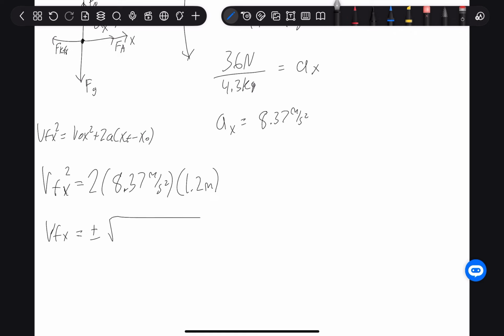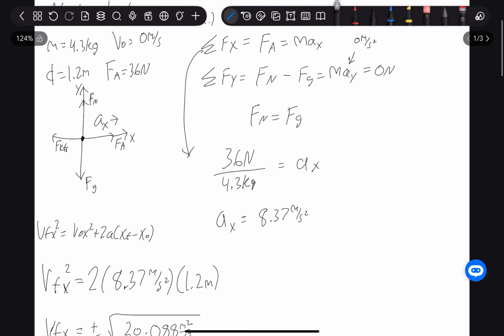I'm going to use my calculator to find that value. And I'm taking the square root. 4.48 meters per second is the value that I find for part A.